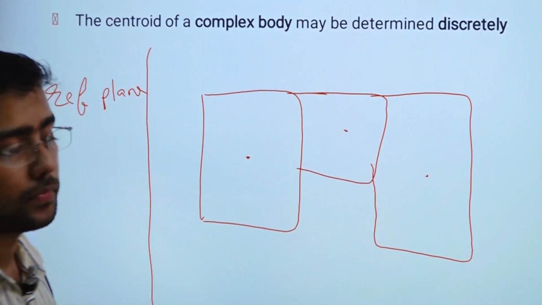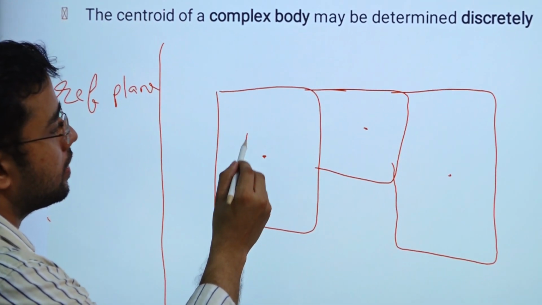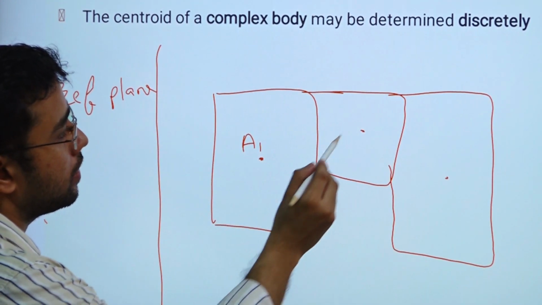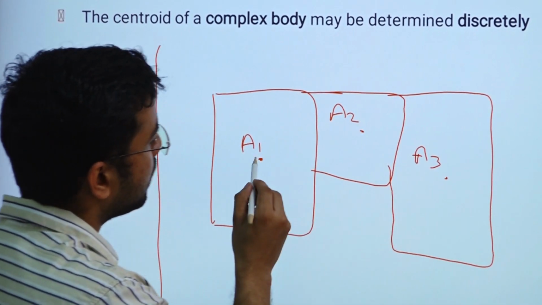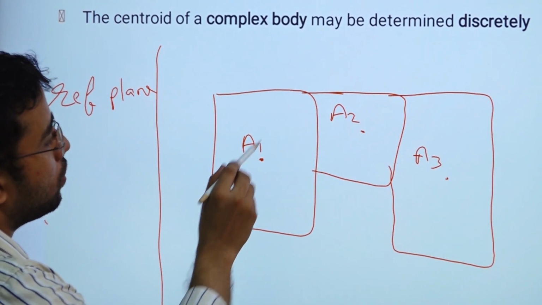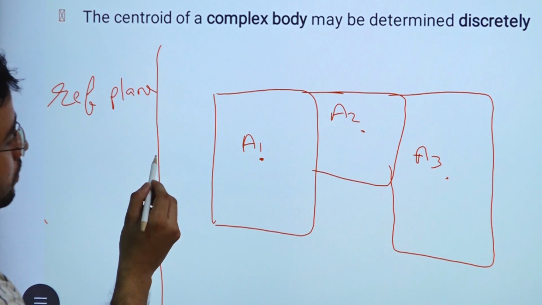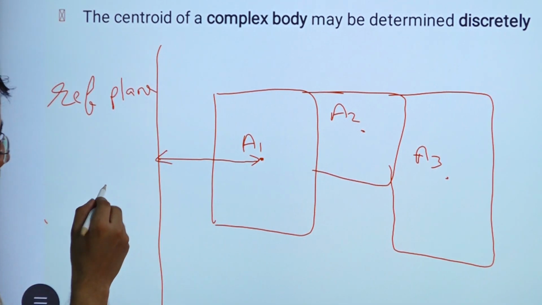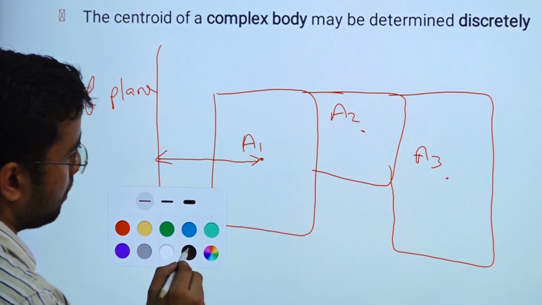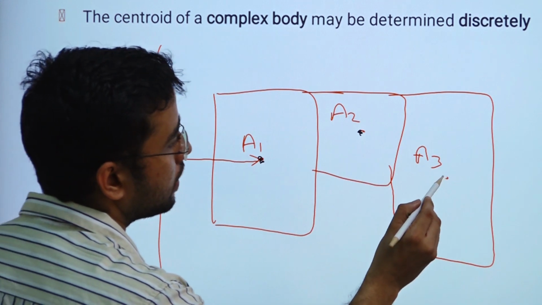We will assume that the whole area is concentrated over this. A1 is concentrated over this point, A2 is concentrated over the point here, A3. So these points are nothing but the individual centroids of these sections only, not the whole. Okay, now suppose this distance is... so this is A1, A2 and A3.